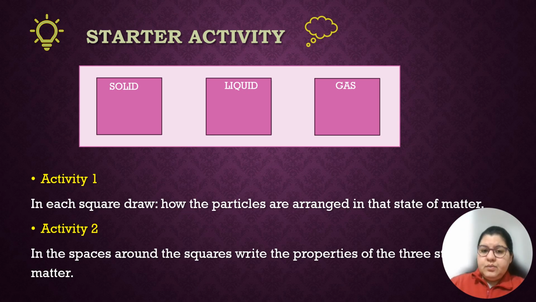Once you are done with activity 1, you will write the properties of states of matter below them. Okay, now you all have 5 minutes to complete this activity in your book, and your time starts now. Here you go. Okay, I hope you all have completed. Let's move on to the next slide to check our answers.